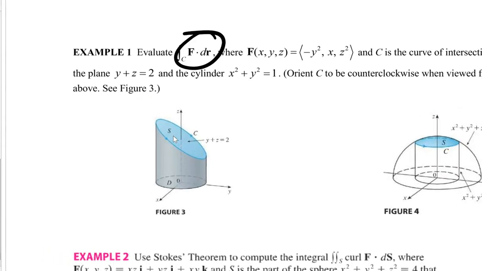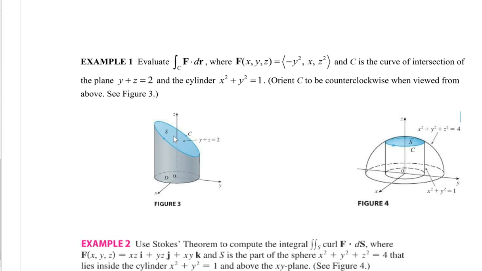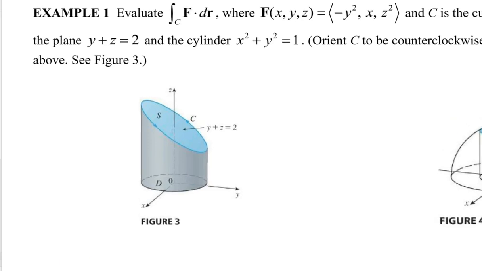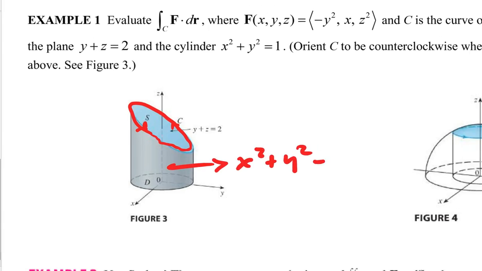If you're trying to find the integral of F dot dr over this curve C, so you're walking around this curve in a positive orientation, what you could do is use the cylinder instead. So you can use the cylinder, x squared plus y squared is 1.